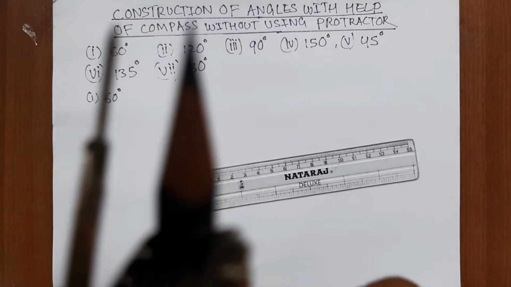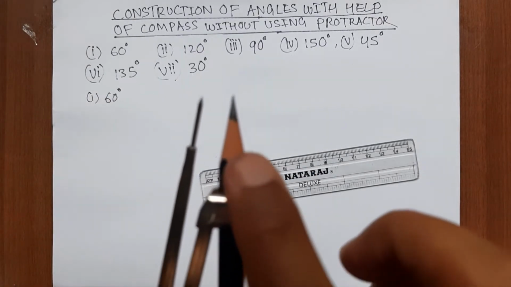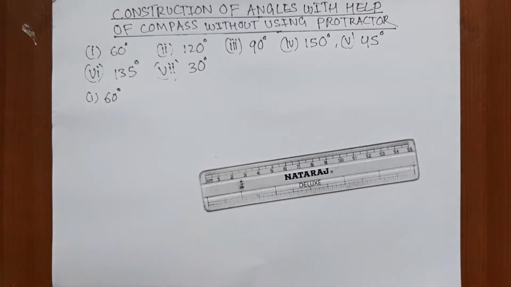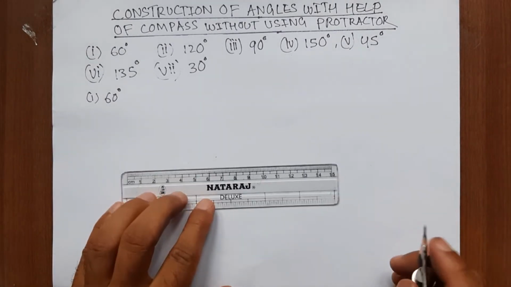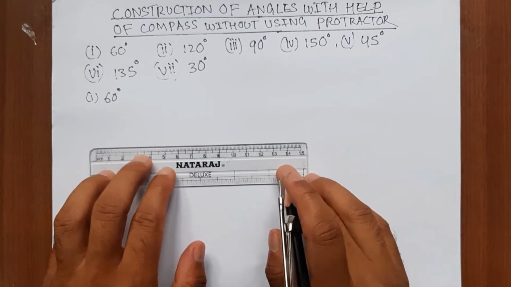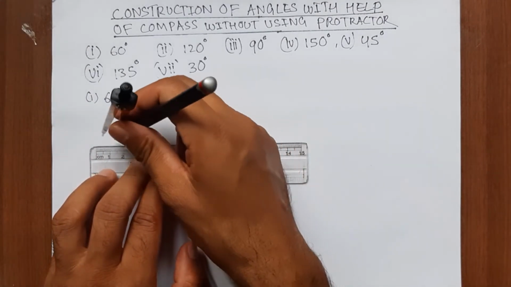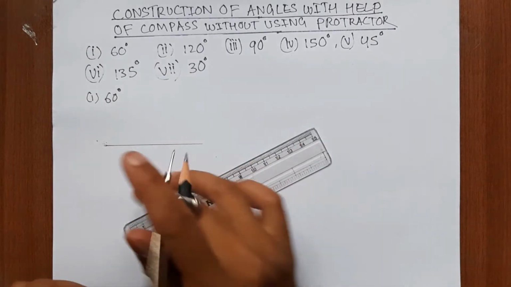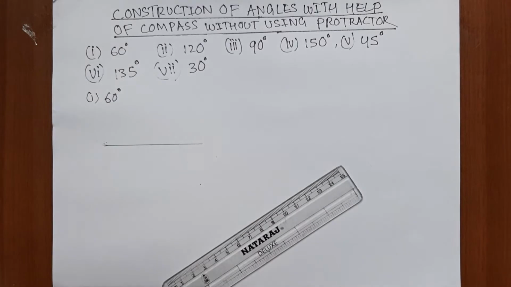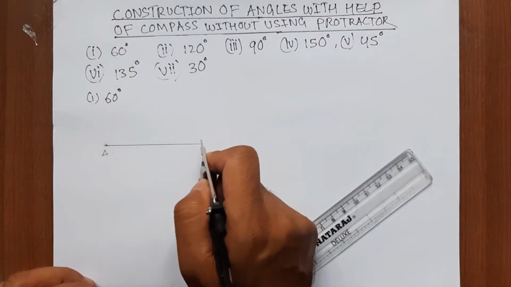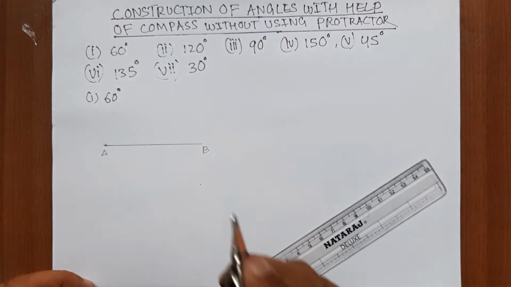The pencil should be sharp, like the pointer of this compass. Now with the help of a ruler we will draw a line segment. Let it be AB.